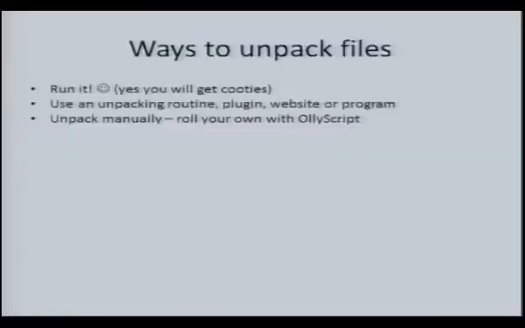OllyScript is a plugin for OllyDbg that adds on a scripting language, and it has some features that allow you to write a script that will unpack for you. And if you go on openrce.org or some of the other reversing websites, you'll see a huge list of scripts people have written to unpack various packers.